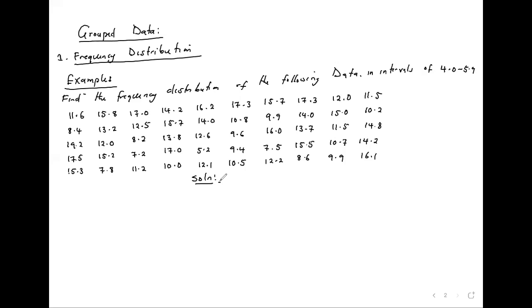Yes, look. So we're only given the first interval, then you use the first interval to form other intervals. So we have 4. We categorize them. So the first column is the class interval. For the class interval, we have the tally marks.